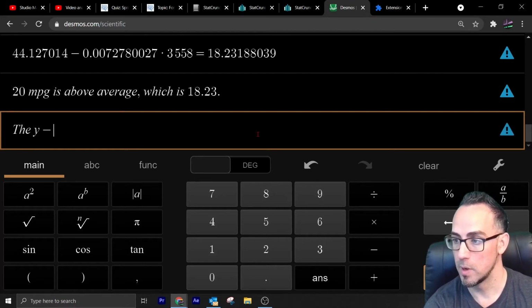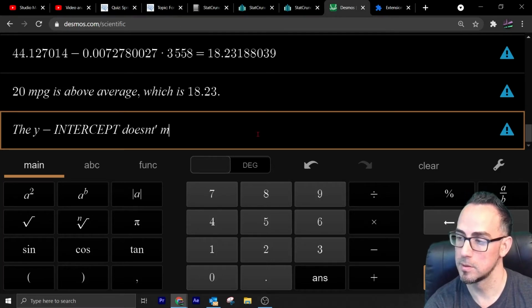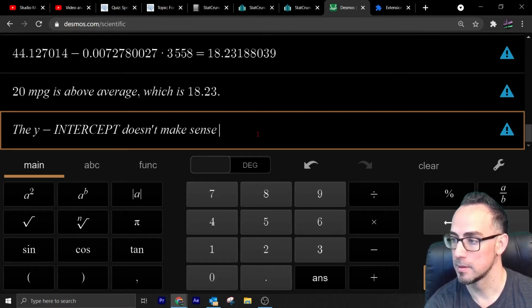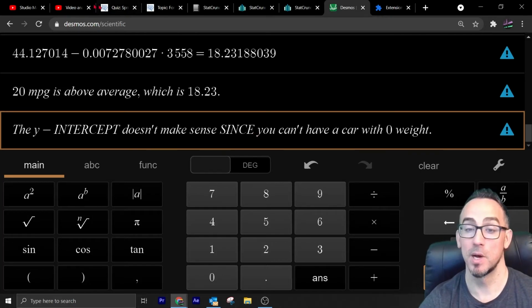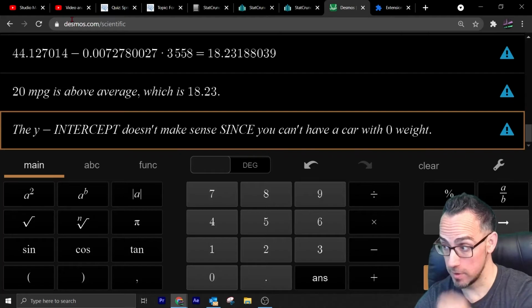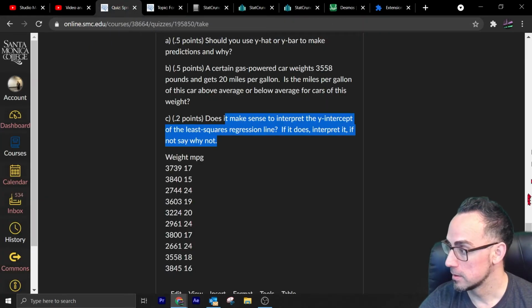The y-intercept doesn't make sense since you can't have a car with 0 weight. It's impossible to have a car that weighs 0 pounds. And that's it. Next question.